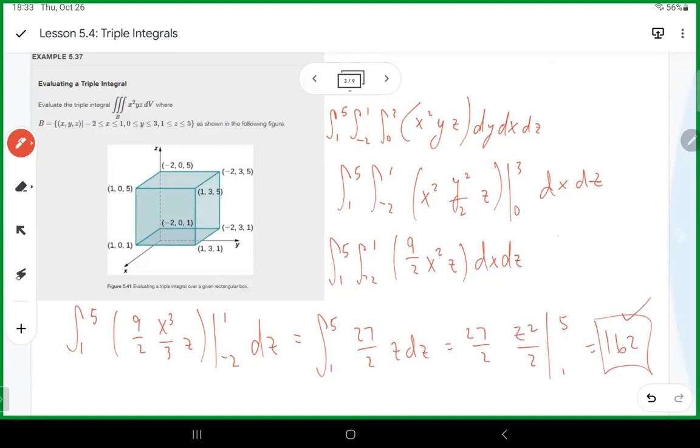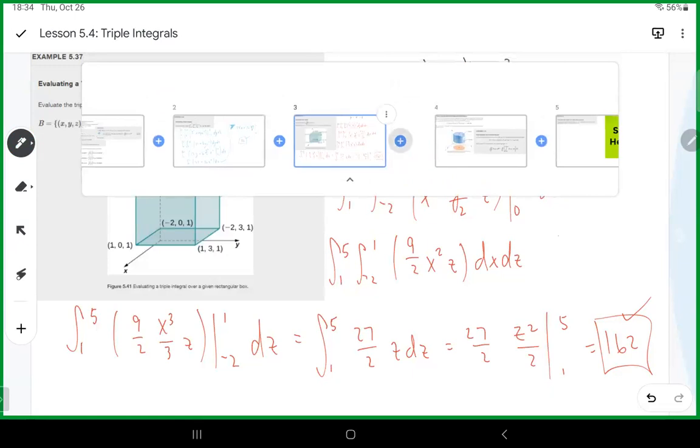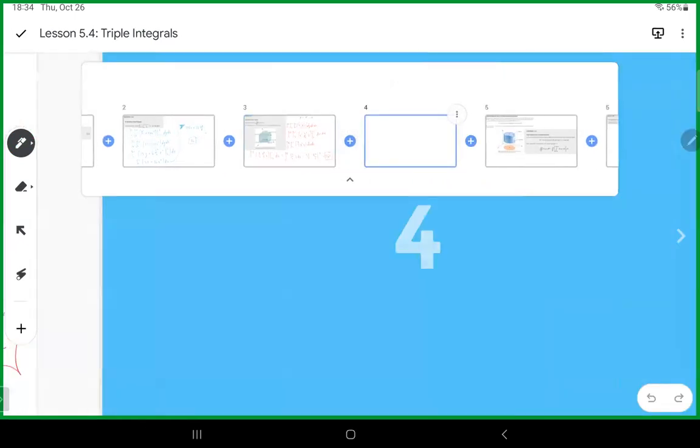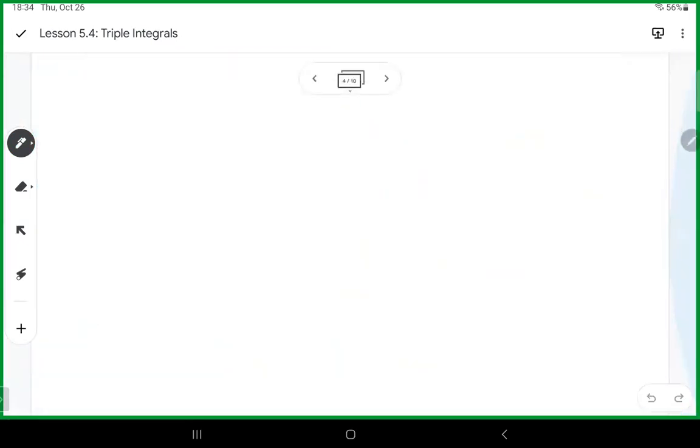And then what we can do now is, so this one was doing what? y, then x, then z. We can do another approach, and then we can do x, then z, then y. And what we're going to see is that it's going to end up being the same thing.